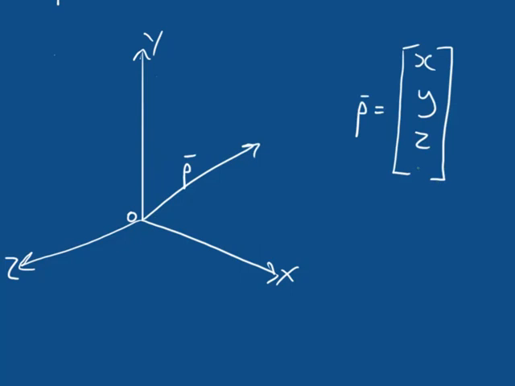And just like with our 2D position vectors, because we start at the origin and travel x units in x, the endpoint, which we could call capital P, is going to have that x component as its x coordinate. They are one and the same because we're starting at the origin.